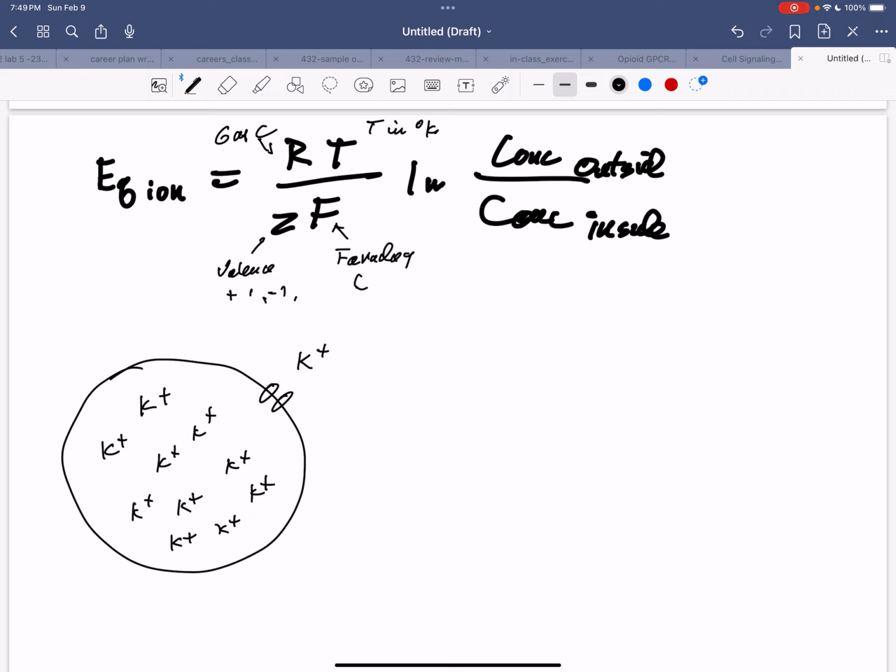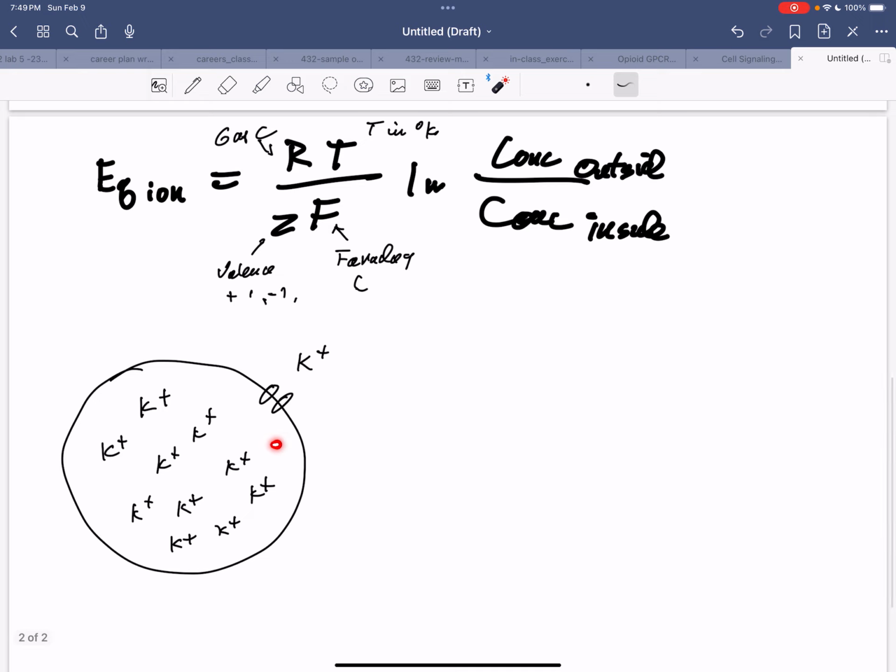Simply considering concentration, there are 10 times more potassiums inside, so there are 10 times more opportunities per unit of time for potassium to hit that channel and go out than there are for the 1/10 as many potassiums to come in. So without charge playing a role, what we'd expect over time is for half of these to leave and we'd wind up with the same concentration inside and outside.